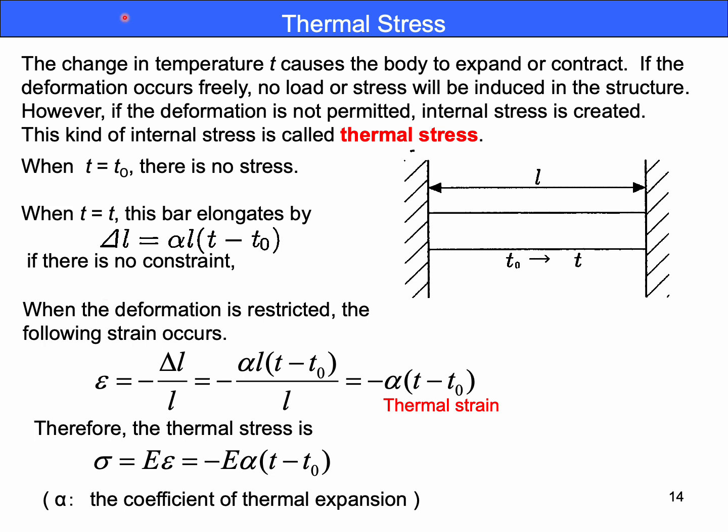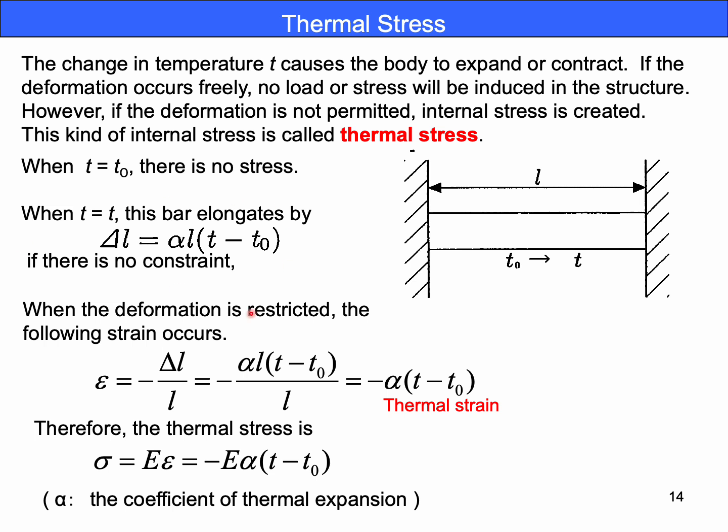And epsilon T, that is called thermal strain, is delta L divided by L. So alpha times T minus T0 is this strain. And alpha is called coefficient of thermal expansion or linear thermal expansion coefficient.